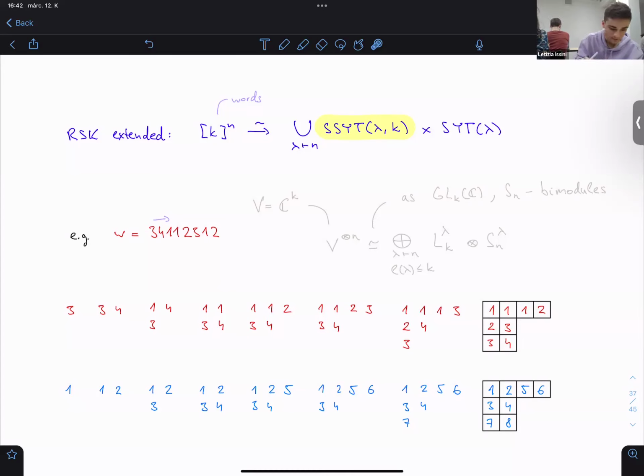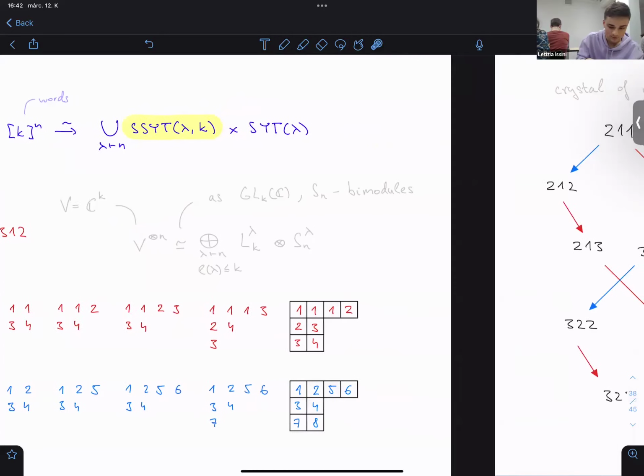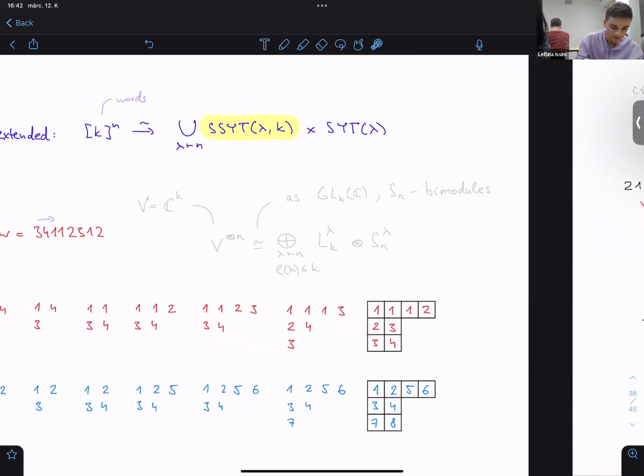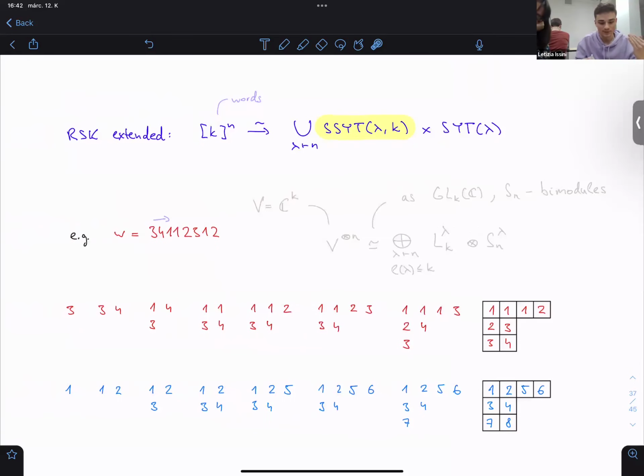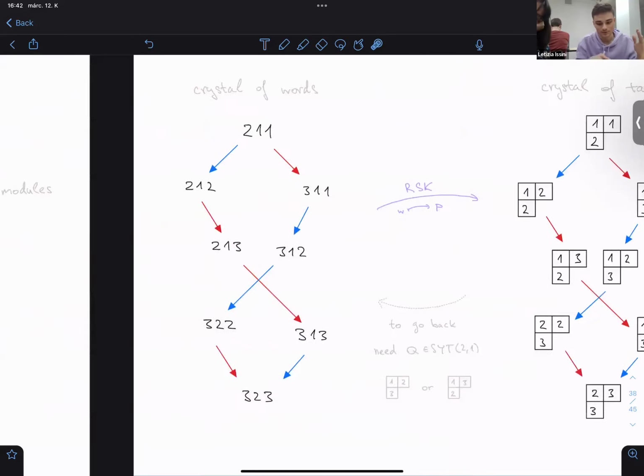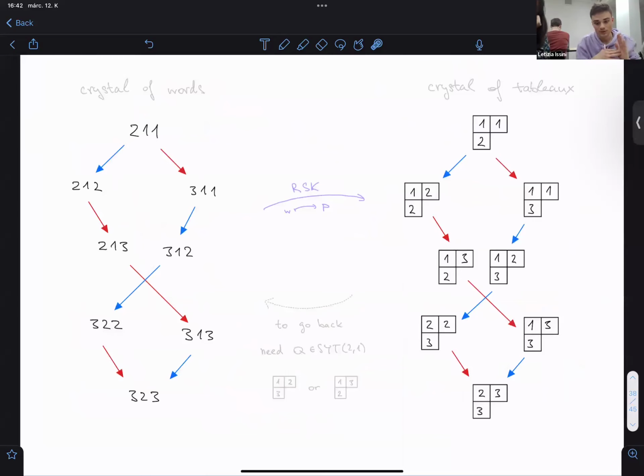Okay, so now we have a bijection from words to pairs of tableaux, and we had a crystal structure on words. So now we can introduce a crystal structure on something that is related to partitions, which is a very good thing because partitions index irreducible representations.